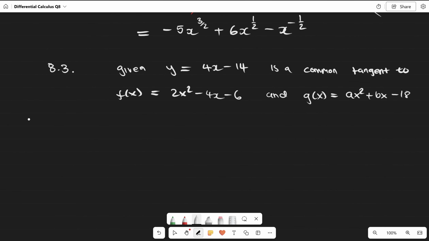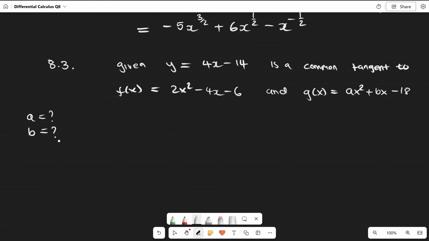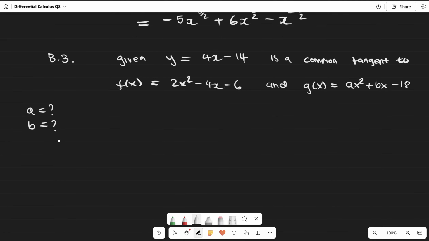So they want a and b, right? What we can do here is use our knowledge about tangents and gradients. For the tangent at a point, what is the relationship between the gradients and the x values and the y values, all of that, right?